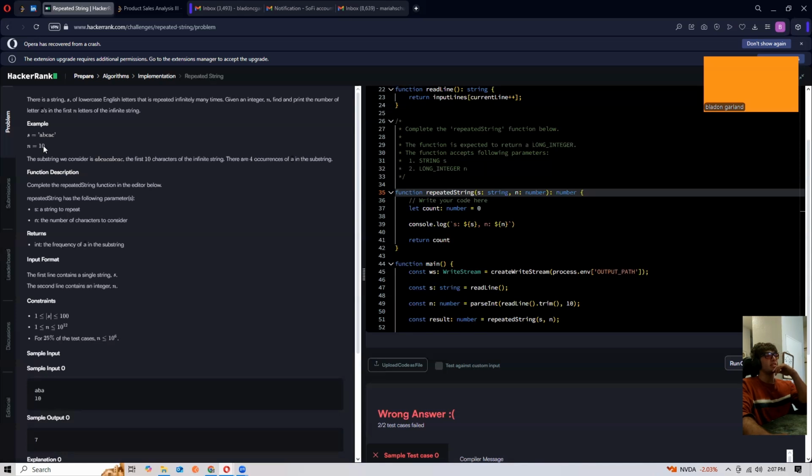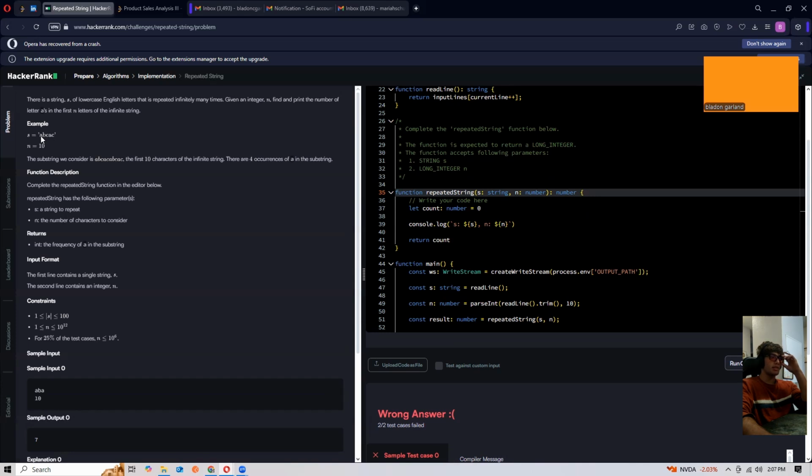Because if you look at this, n is equal to 10 and the string's length is 5. So if you double the string, then if you take the amount of A's that's in the string and multiply that by 2, you basically get the answer.